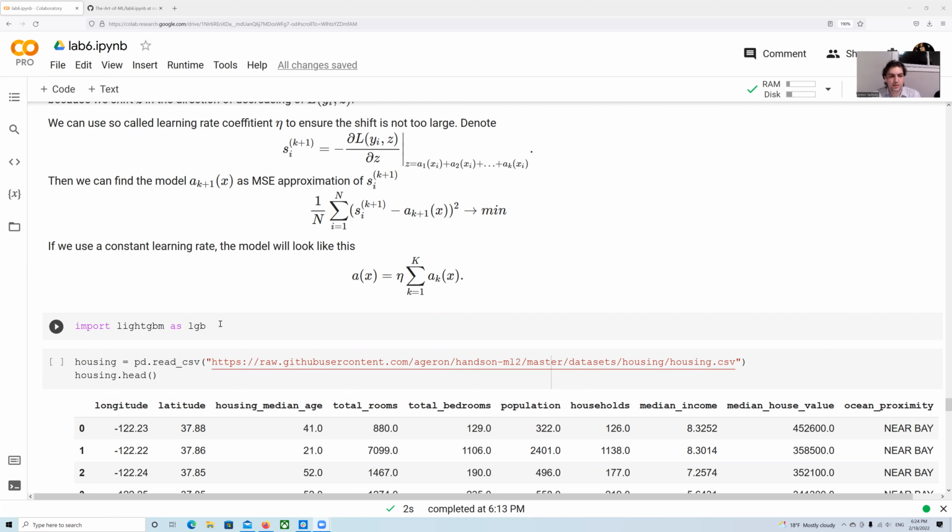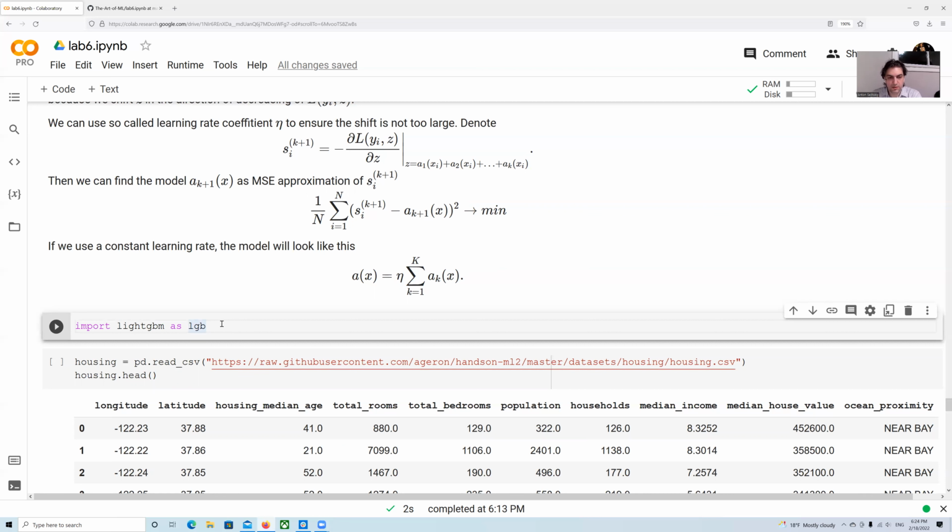Then LightGBM from Microsoft, released in 2017, and CatBoost from Yandex, which works with categorical features, and it's useful if we don't want to take care about categorical data.